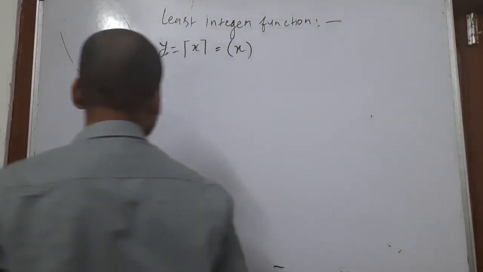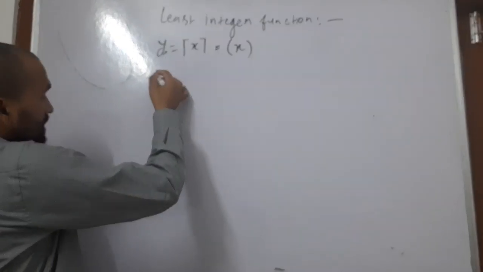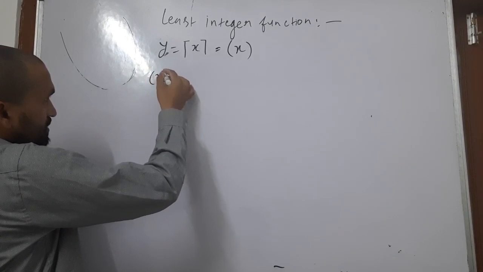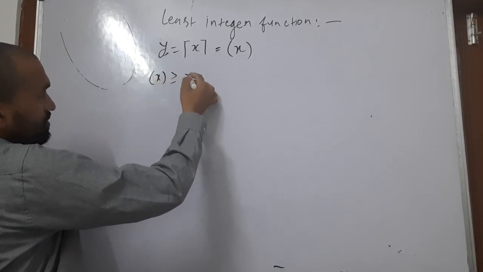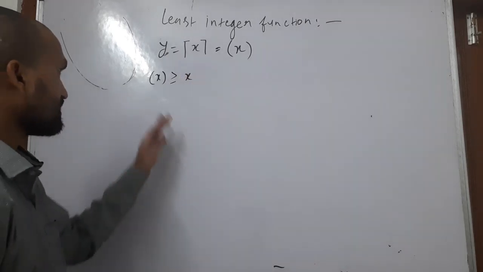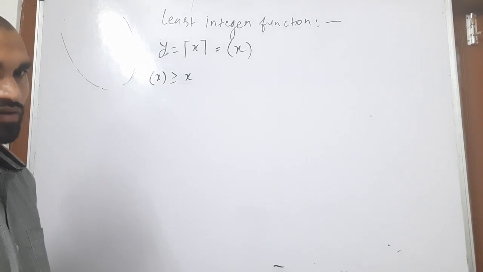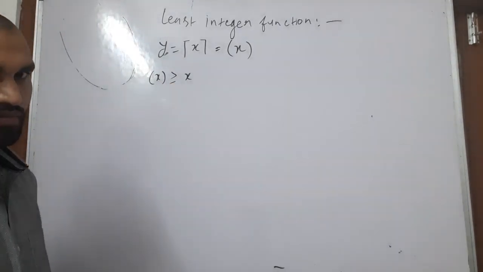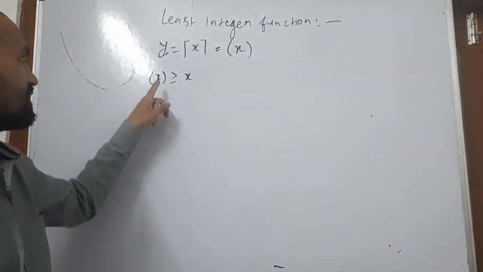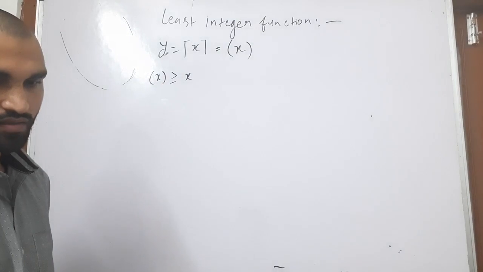But an important property is that the least integer of x is always greater than or equal to x. If x is an integer, then it will be the equal sign. If x is a fraction, then there will be the greater sign.